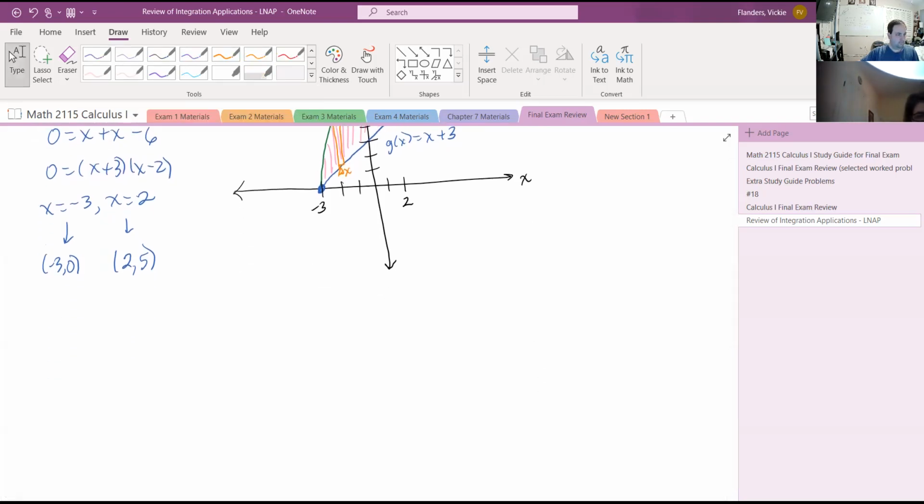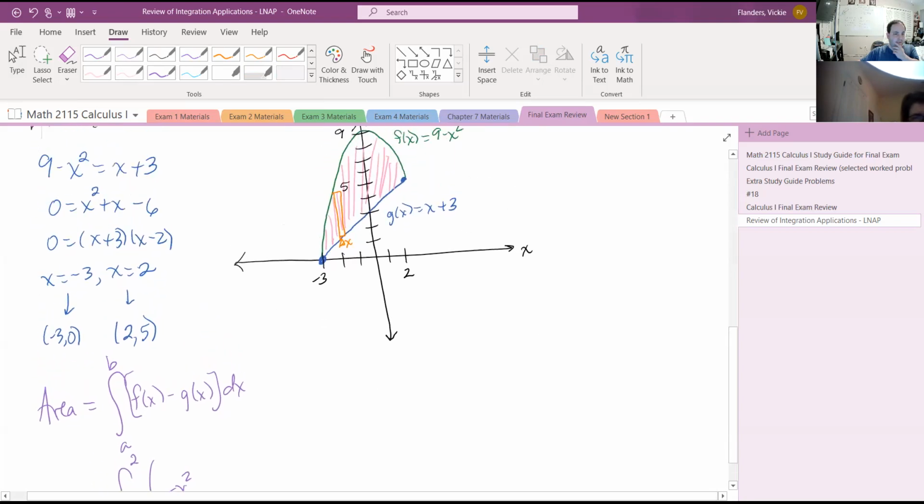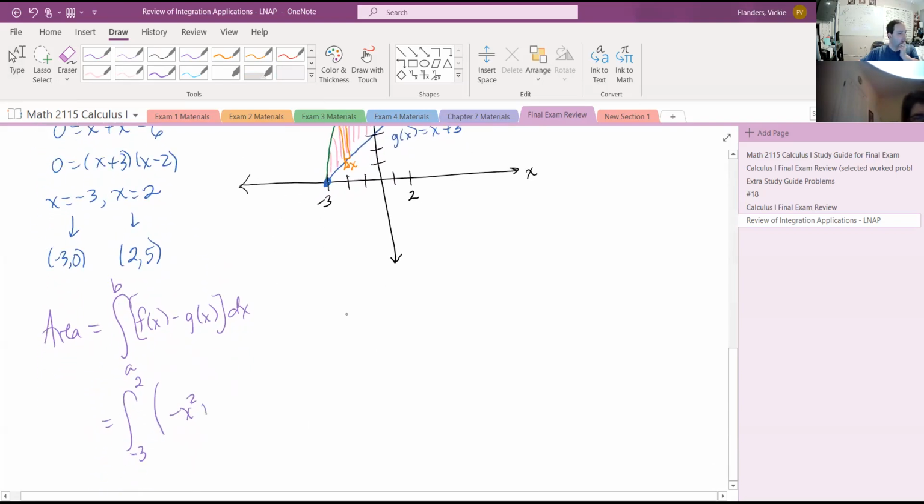All right, so my area is the integral from a to b, the top function f of x minus the bottom function g of x dx. So my area is the integral from -3 to 2 of negative x squared plus 9, minus x plus 3, dx.